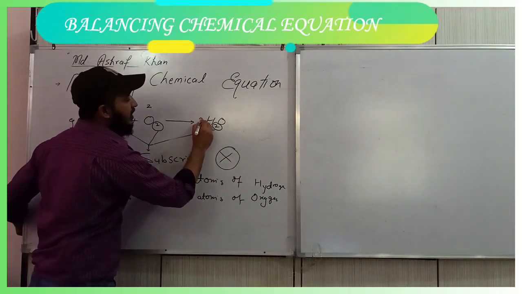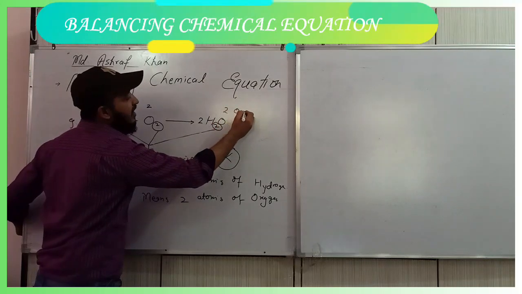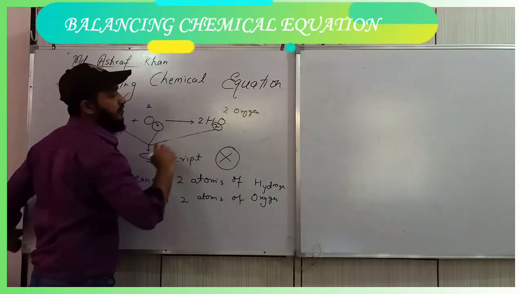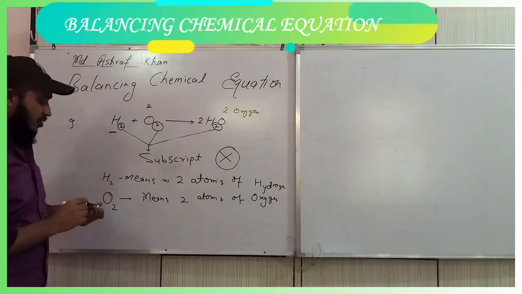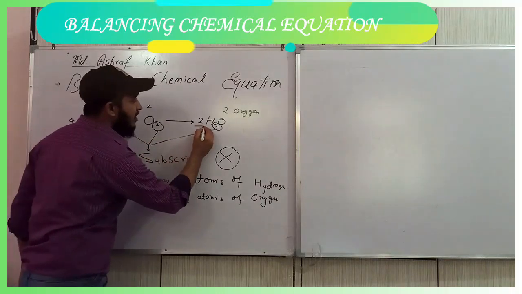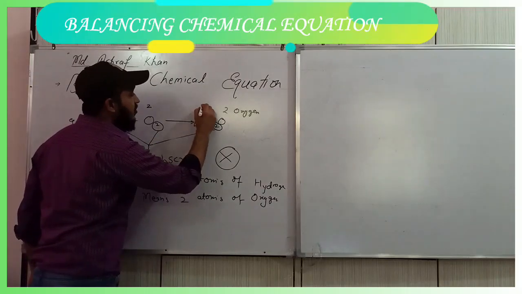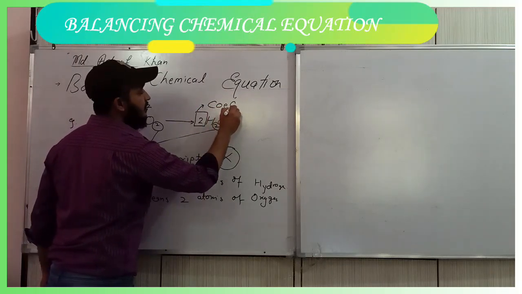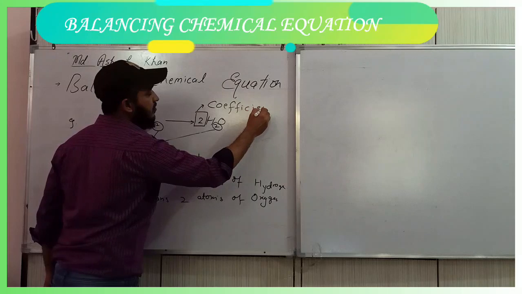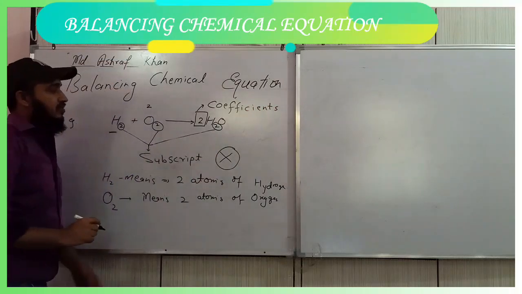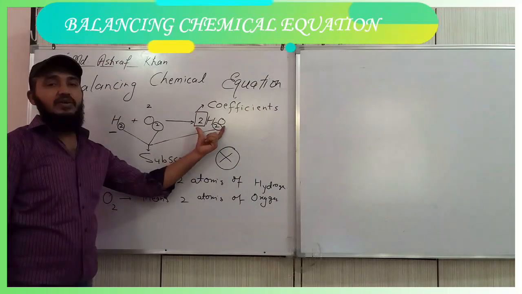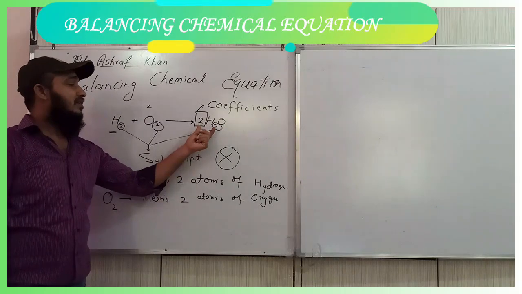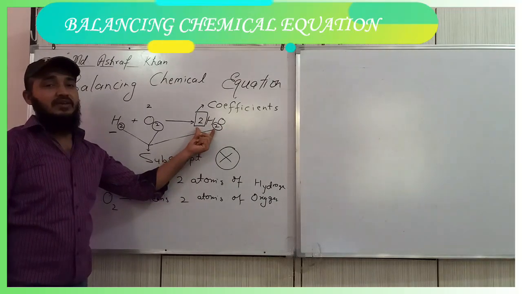So if I write 2 here, it means oxygen atoms are 2. Okay, so these are the few basics. This number here is called the coefficient. So oxygen now is balanced, but now the number of hydrogen has changed.